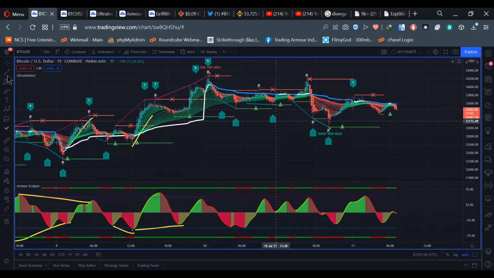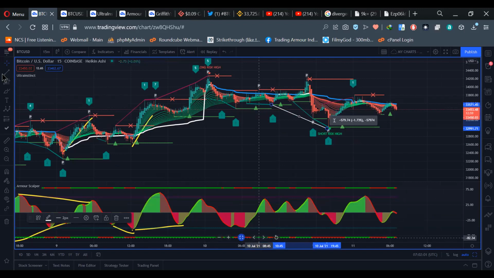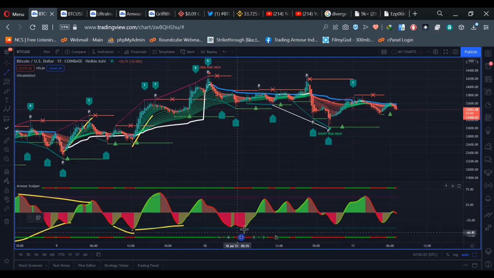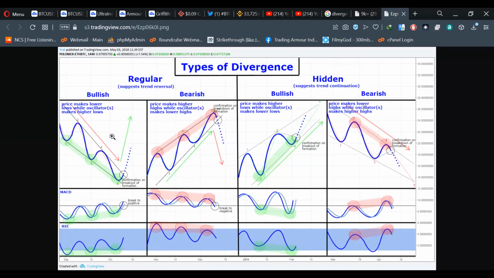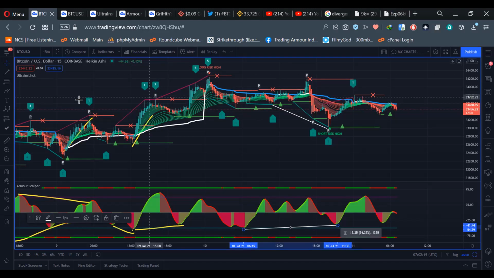Candles are forming lower low, right? And indicators are forming higher high. Look, higher high. So this is a bullish divergence. Look at the example here. And same goes for bearish divergence, just like I showed you. Candles are forming higher high here.